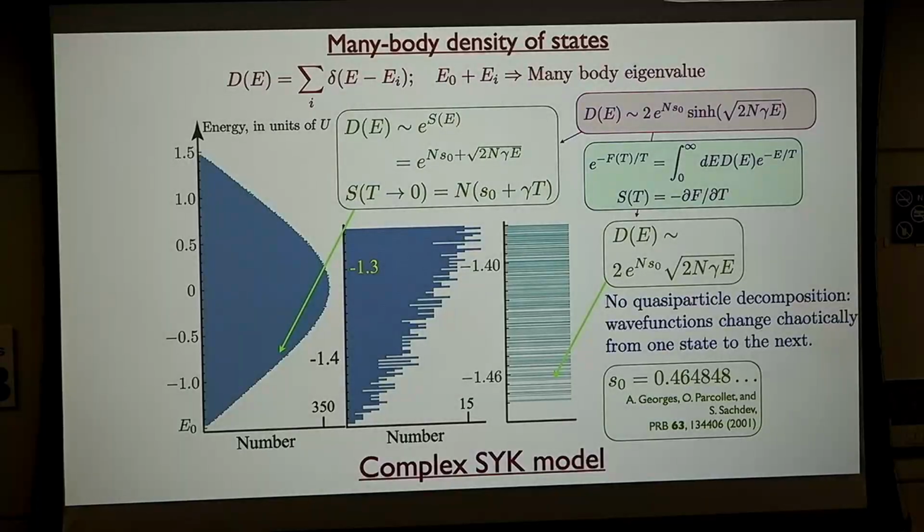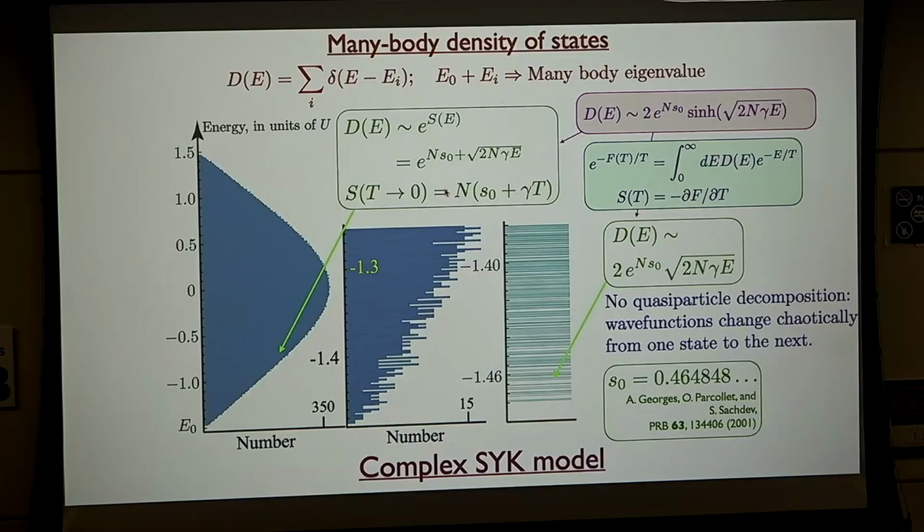Now, first, let's look at what happens when the energy is extensive, and then we look at the bottom of the band. When the energy is extensive, by Boltzmann, it should be e to the entropy. When you compute this entropy in the extensive limit, you get the same expression as for random matrix theory, except there's a constant, S0.